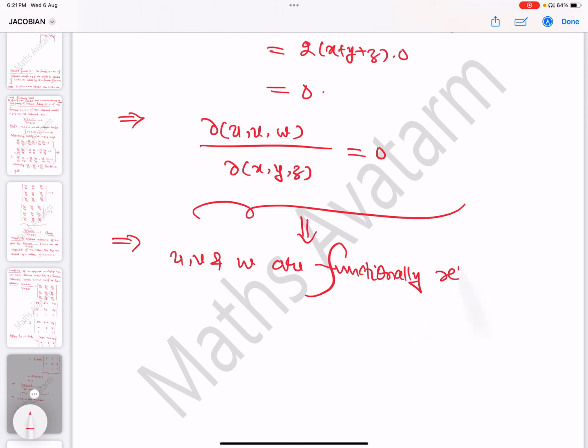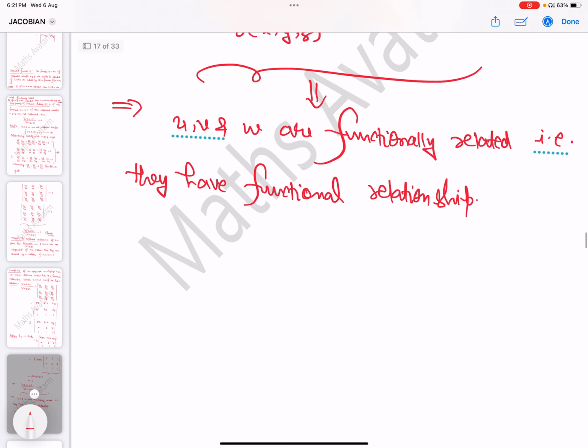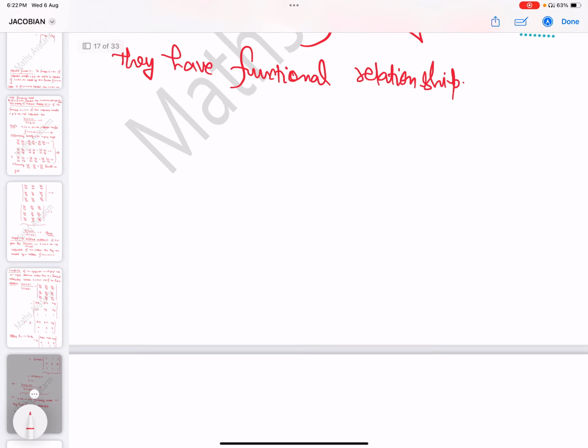Functionally related means they have a functional relationship. So if they have a functional relationship, we have to find it.